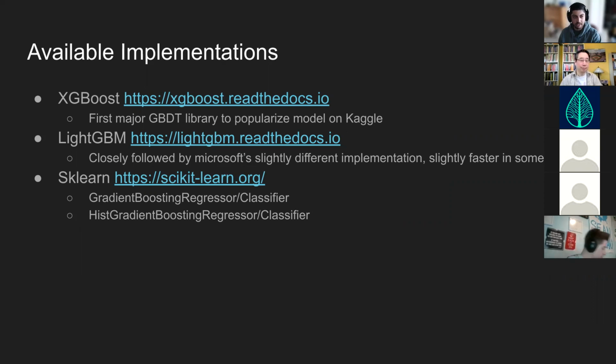XGBoost seems to be very popular still, but my general opinion, my default is LightGBM, because it almost always gets me better performance, and it also trains much faster. A lot of people really like XGBoost, and it seems to still be a lot of people's favorite.